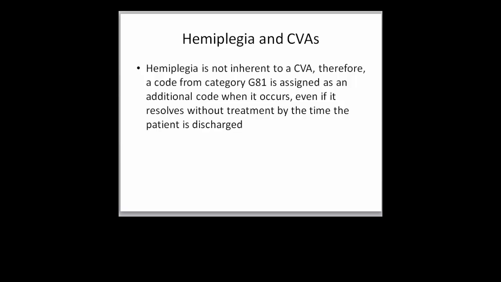Not uncommon for a patient to come to the ER complaining of whatever stroke symptoms they have. They have some weakness on one side, and by the time they come into the hospital and they're treated and they leave, that weakness has subsided or it's gotten a lot better. You're still going to code it because it did happen and it required additional resources to take care of the patient.